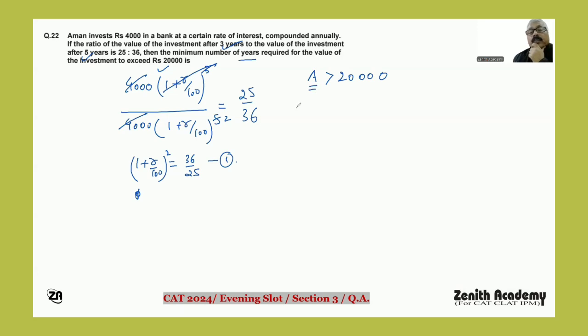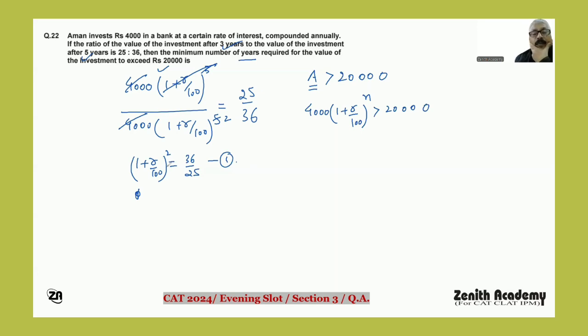So the amount uses the same formula: A = P(1 + R/100)^n. P is 4,000, so 4,000 × (1 + R/100)^n is greater than 20,000.